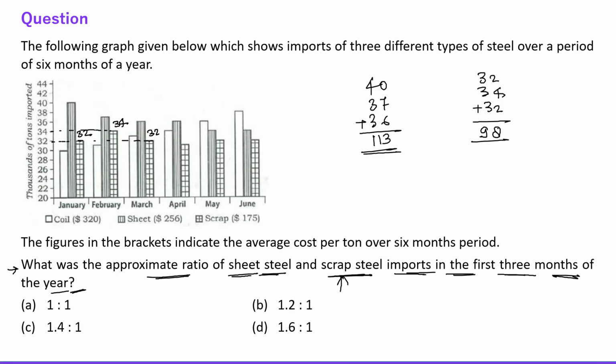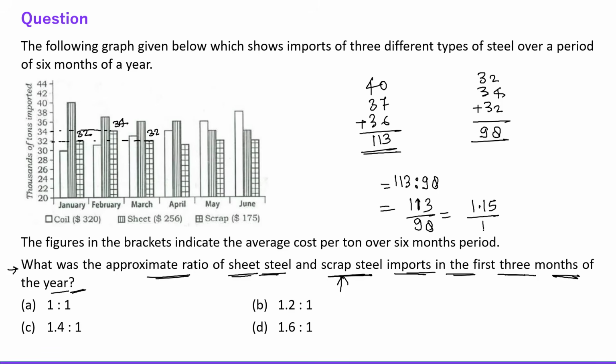We need to find the ratio of these two numbers. 113 is to 98. When you calculate this ratio, we need to divide 113 by 98. When we do it, we'll be getting 1.15 approx divided by 1. The ratio will be somewhere 1.15 approx divided by 1.